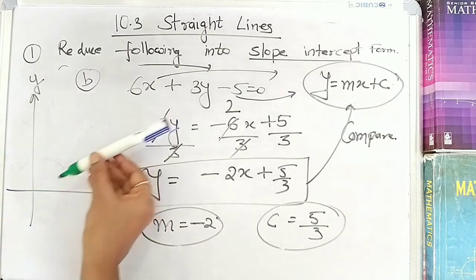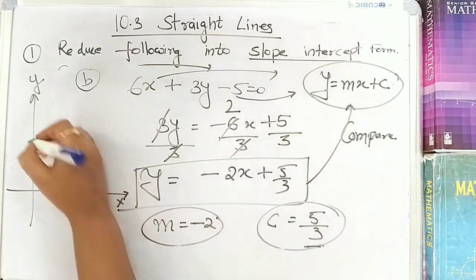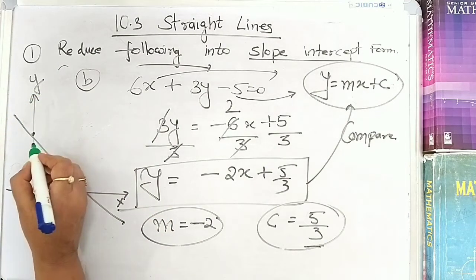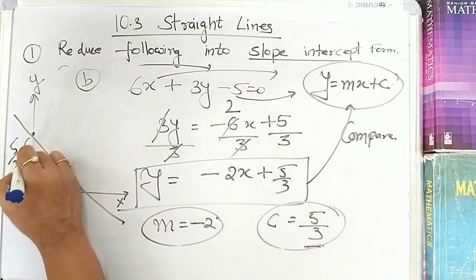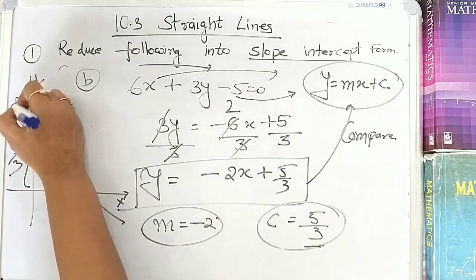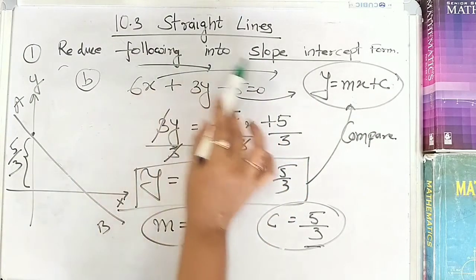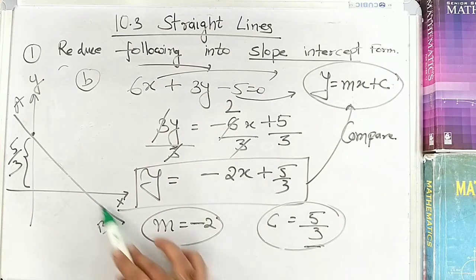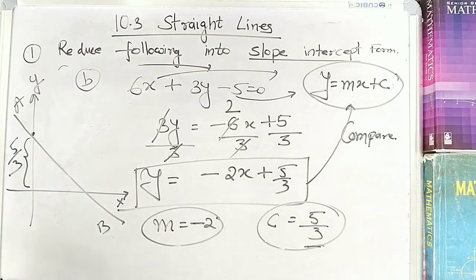Positive slope means sloping this way. And y-intercept is positive somewhere here. So your line will look like this, and this intercept, this point is 5/3 units. Understood? So this is your desired line. So you can see a lot of information is hidden in the line equation: the slope, the y-intercept, and even the points from where it is passing through.